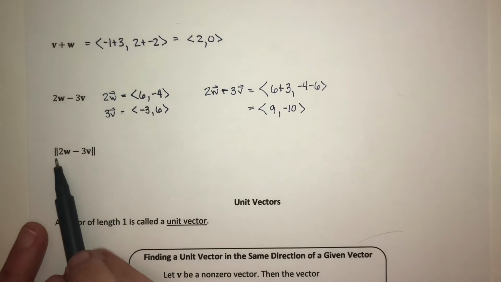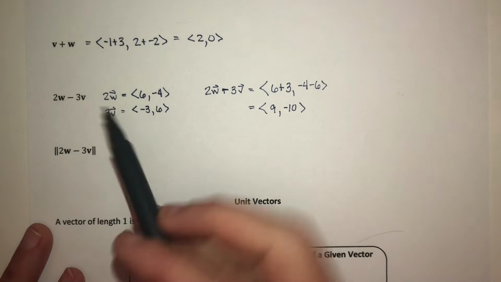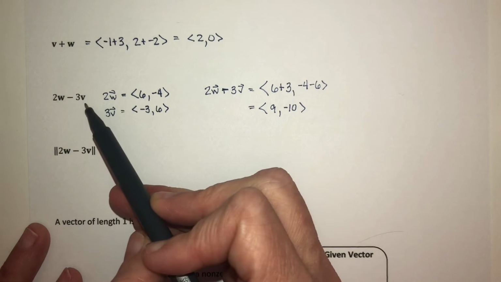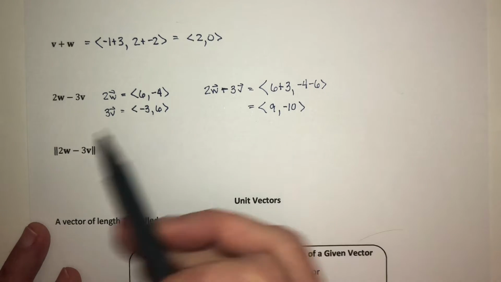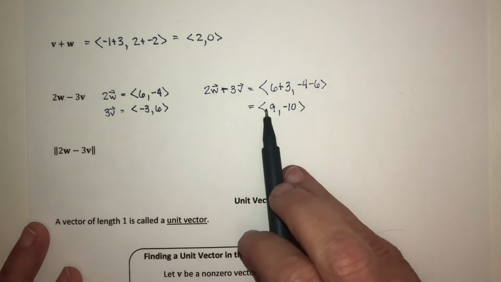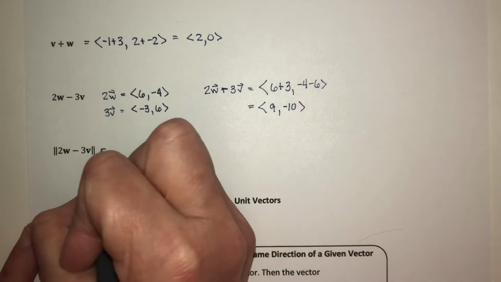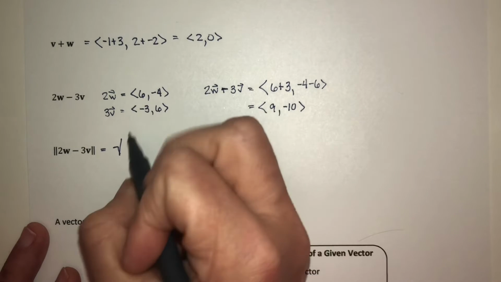Now our next problem asks us to find the magnitude of 2w minus 3v, which is exactly what we calculated here. And if I hadn't already done it, I would need to get this answer. But you'll find that a lot of problems do this, where they'll have you figure part of it and then ask you to find the magnitude of that answer next. So here, if I want the magnitude, all I have to do is to take the square root of the sum of these two things squared.